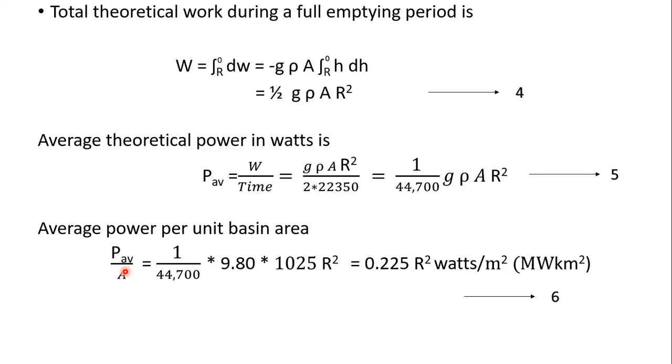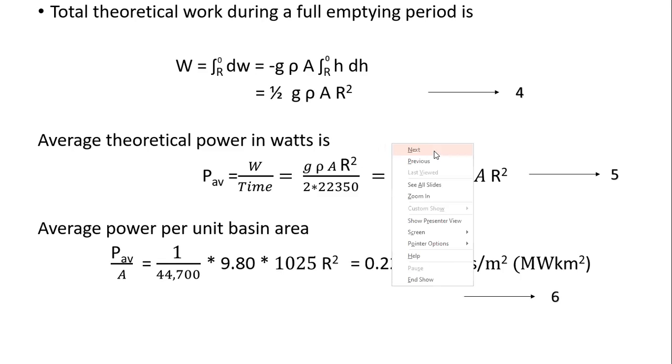Due to these two losses, frictional losses and conversion losses, the actual power is lower than the average theoretical power. The actual power generated is about 25 to 30% of the theoretical power. So this is the estimation of average power in a single basin.